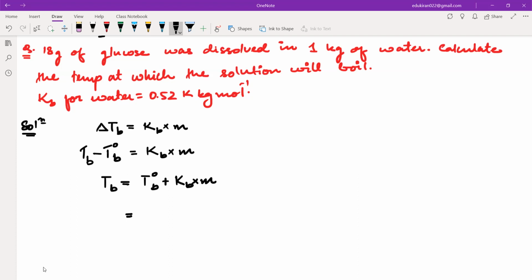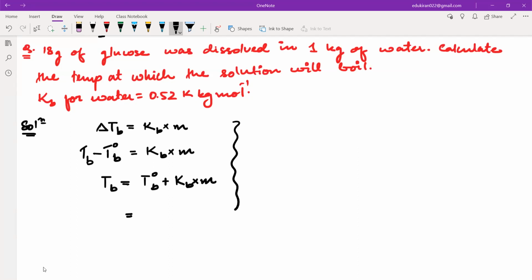T is T naught B plus Kb into m. You all will first of all calculate the molality and tell me what is the molality.